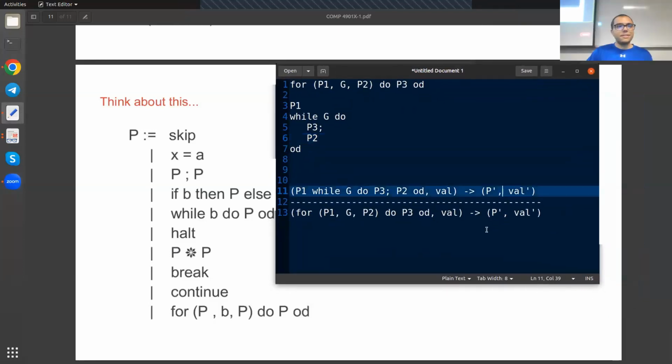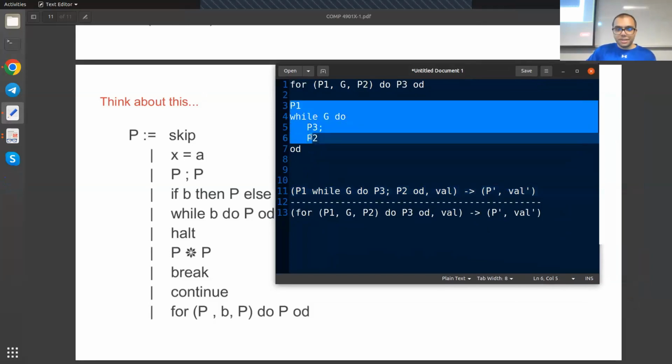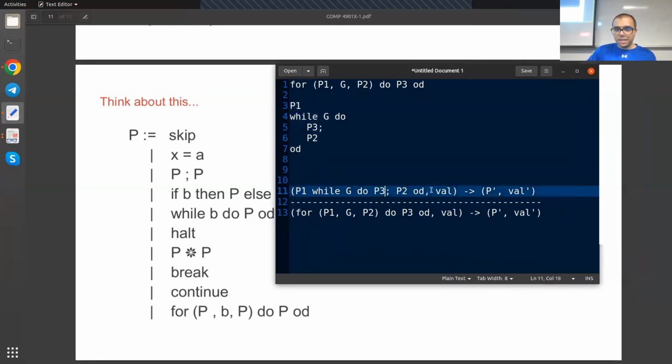So this was what I was saying. I was saying that if this second program, this rewritten program, starting from some valuation goes to P prime val prime in one step of execution, then my for loop will also go to the same state, P prime val prime in one step of execution. So basically I'm rewriting my for loop.